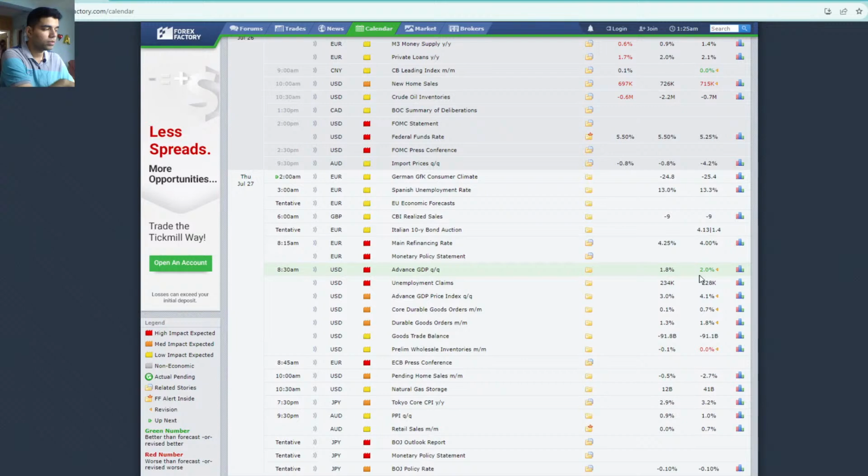And unemployment claim is showing a number which is greater than the previous. The forecast is greater, but still it's greater, so GDP is showing slight movement upward for the gold, and unemployment claim is showing that the gold will move slightly, so it's a mixed kind of forecast.